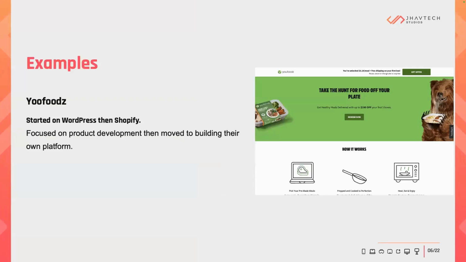YouFoods started off on WordPress and Shopify. They've had a few changes in their business and product model, moving more to packaged foods, but they did start on WordPress and then a Shopify site. It gave them time to focus on product development and more of their pre-packaged items. But then they eventually moved to building their own platform.